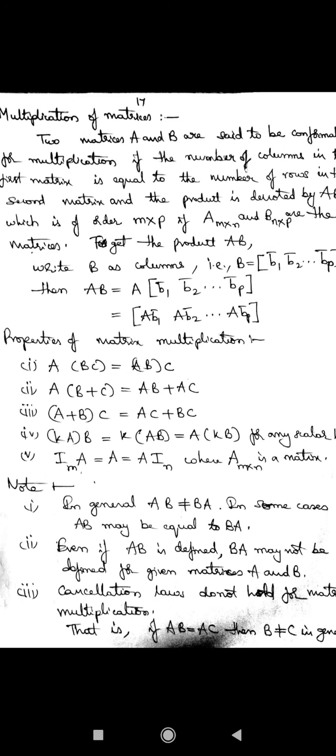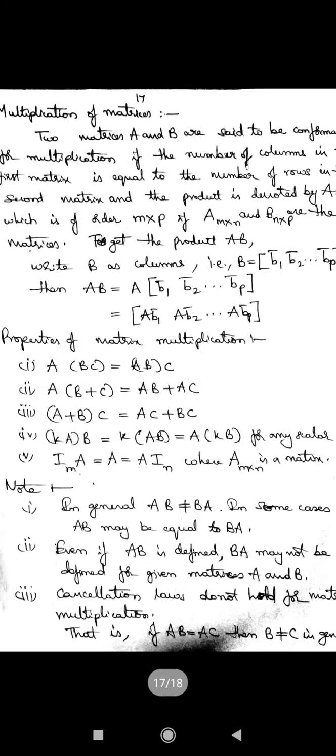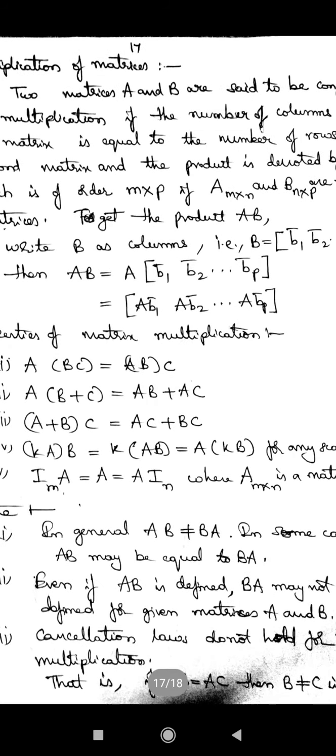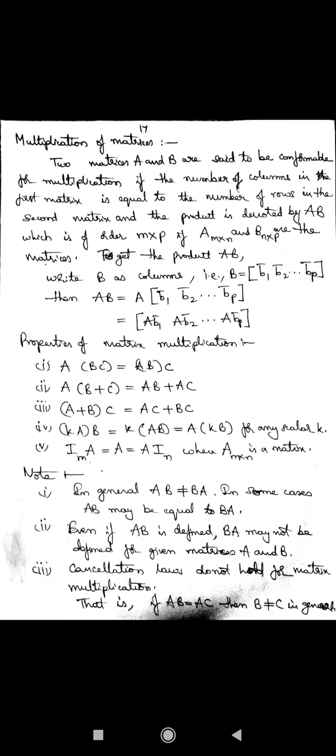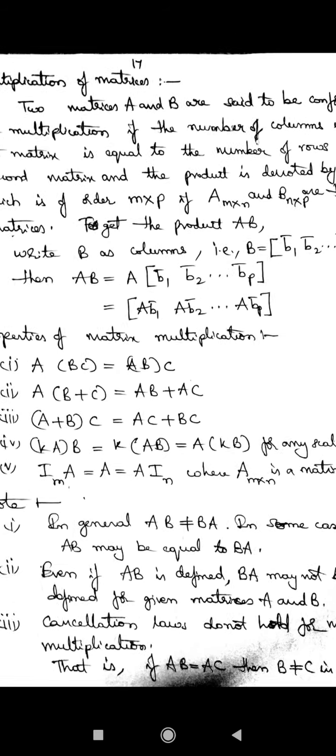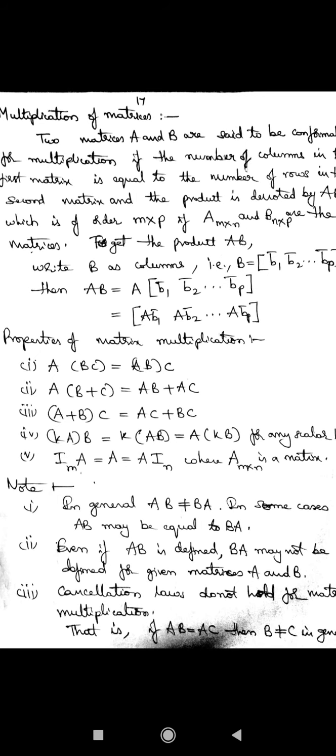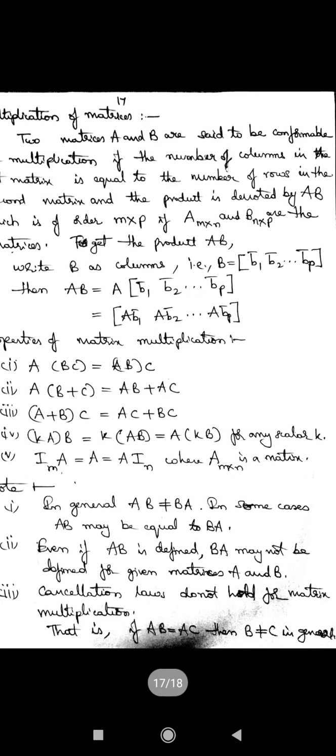We can simplify it by not writing the whole matrix. We can write the matrix B by representing each column by a vector B1 bar. Then B is equal to B1 bar, B2 bar, and so on up to BP bar.